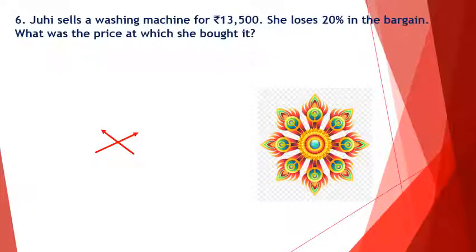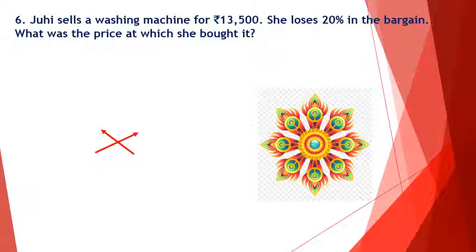Next is question number 6. Juhi sells a washing machine for rupees 13,500. She loses 20% in the bargain. What was the price at which she bought?